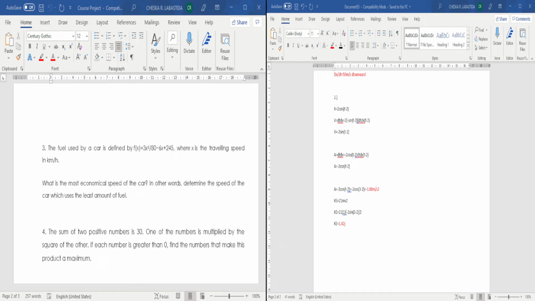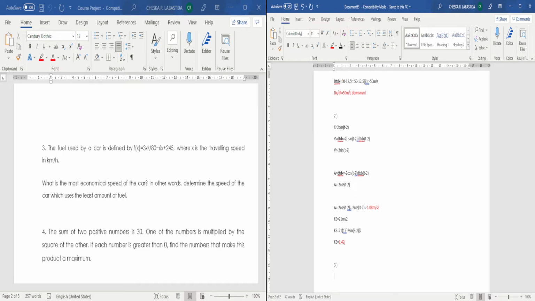Okay, so for that one, we will be using that formula. Here we are asked to determine the speed that will use the least amount of fuel. To do that, we're going to get the derivative of the function and equate it to 0.